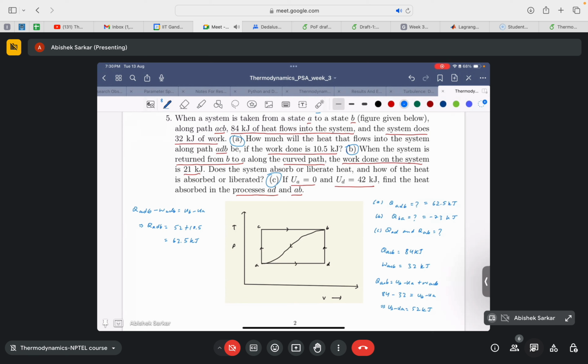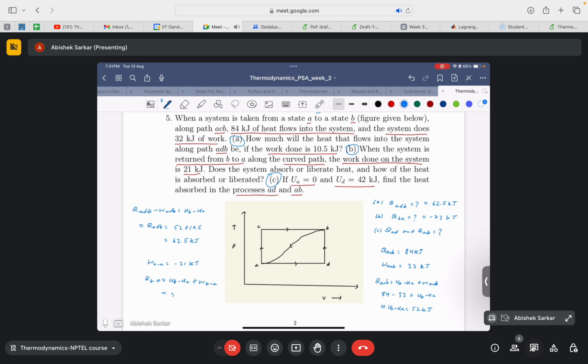So for option B, similarly we can follow the same equations. This told that work done on the system, so WBA is minus 21 because work is done on the system, and we need to find QBA. So it is basically again UB minus UA plus WBA, right, from the first law of thermodynamics.